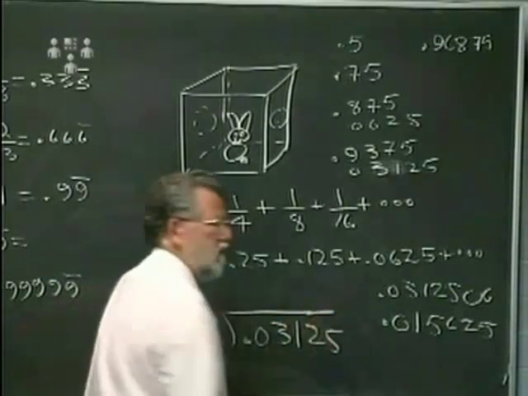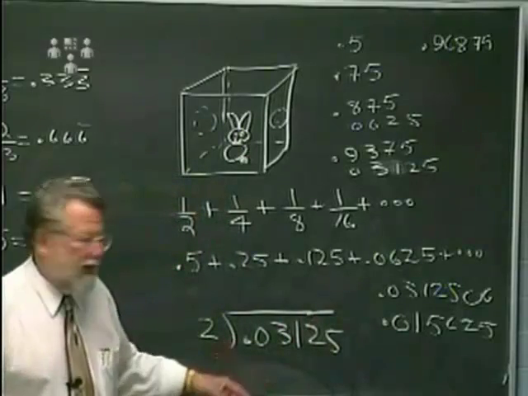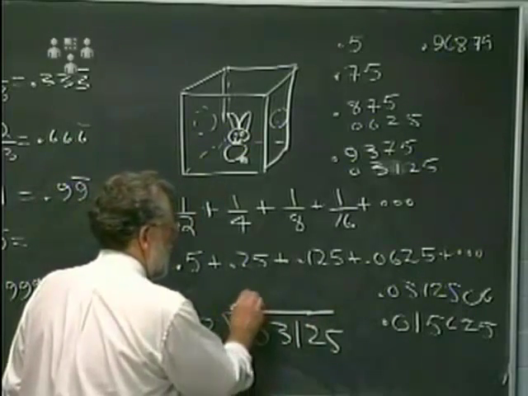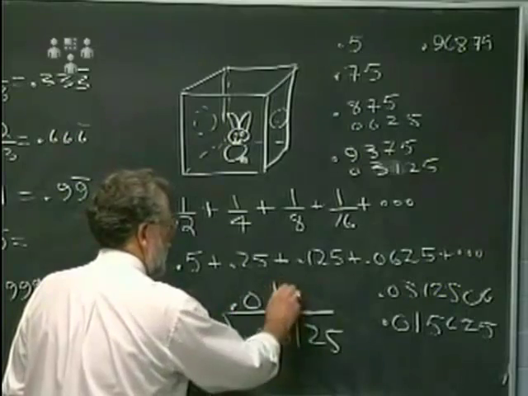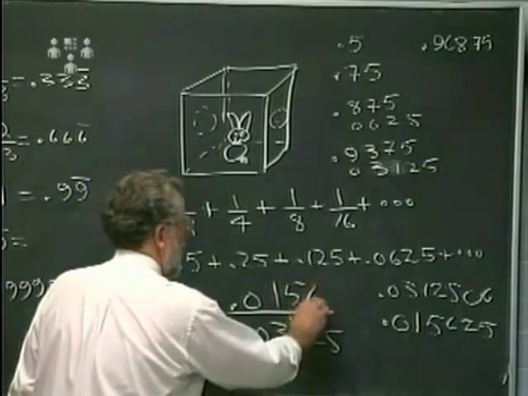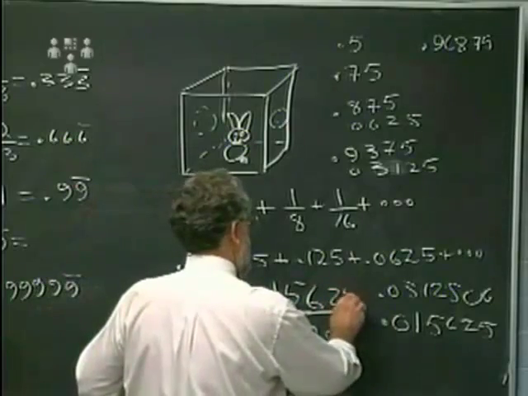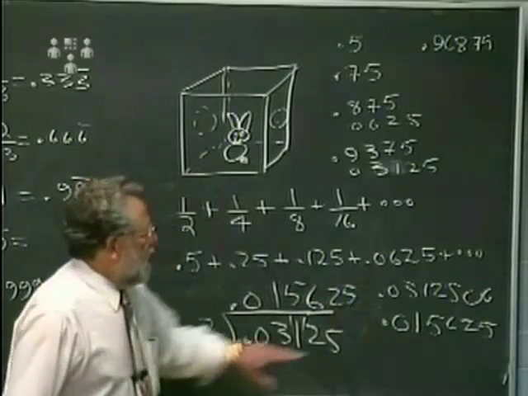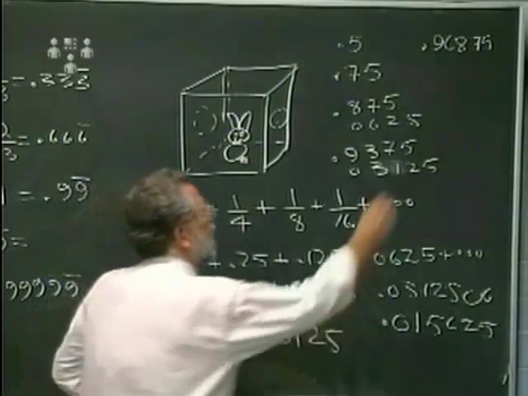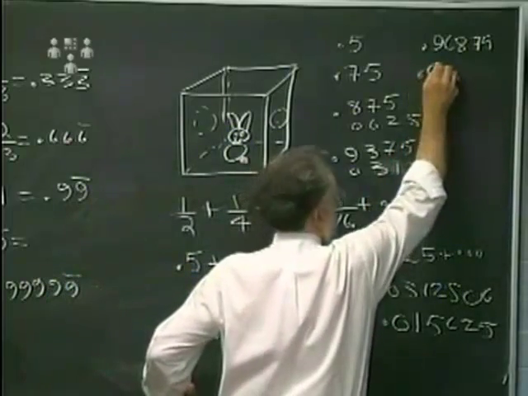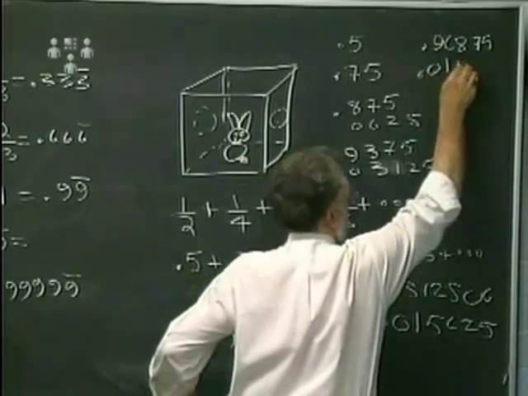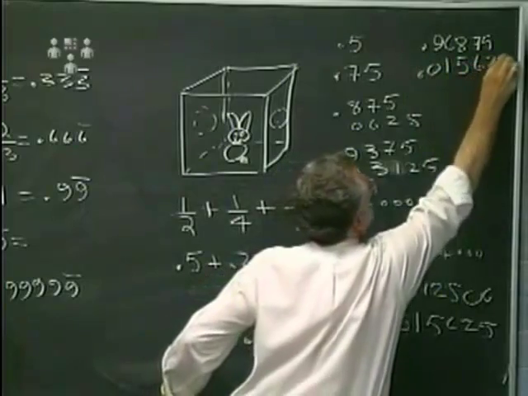I'm dividing by 2 for each move because I cut the time in half. So this is 0.01 with 1 left over. That's a 5 with the 1 left over. And my error, I had 625. No, I had it right. Okay. So I add that on to here, and I have 0.015625.